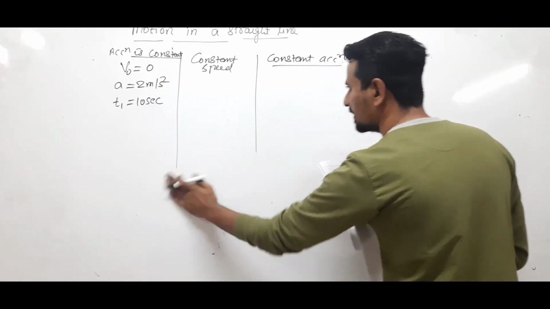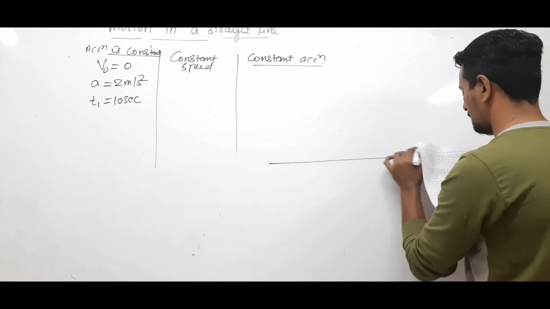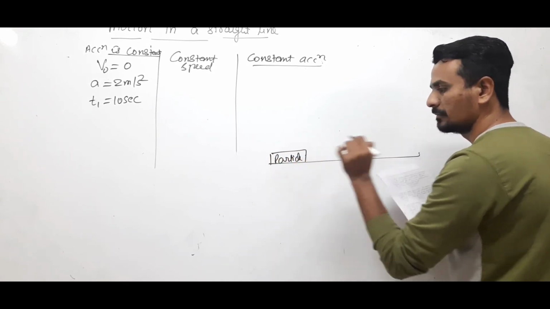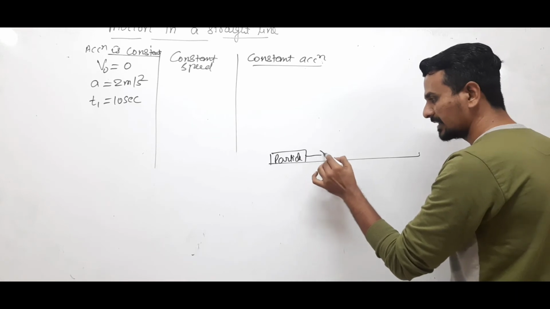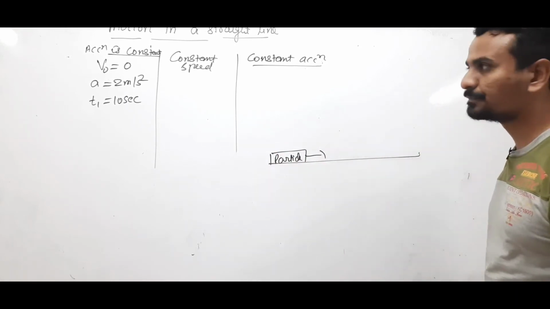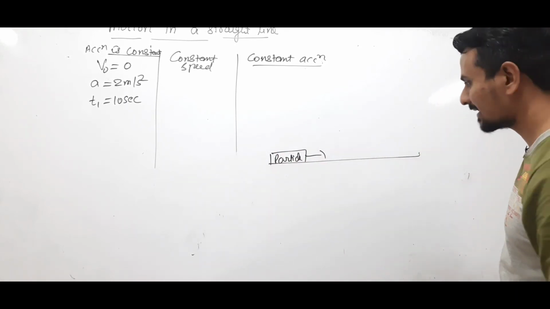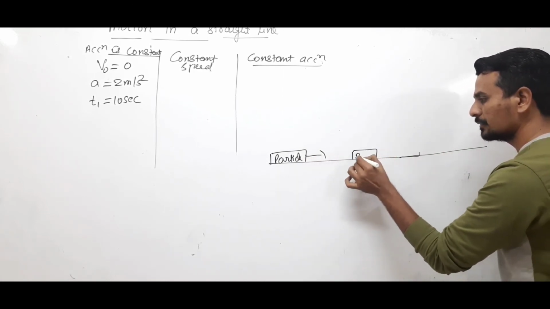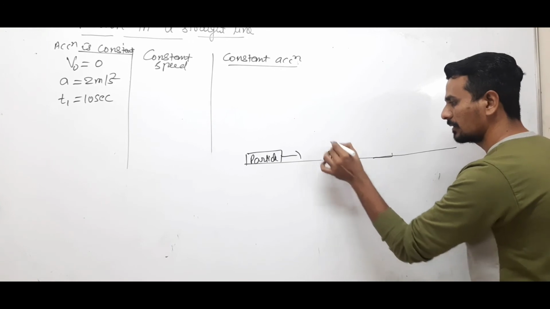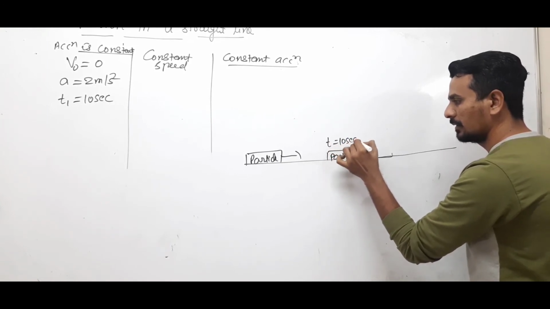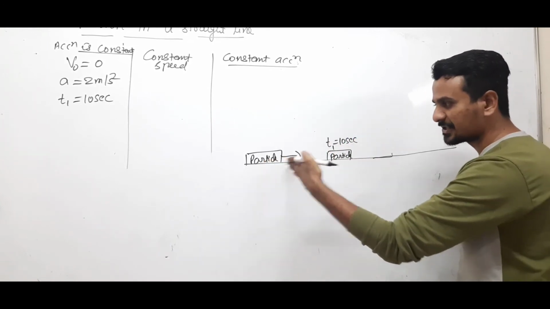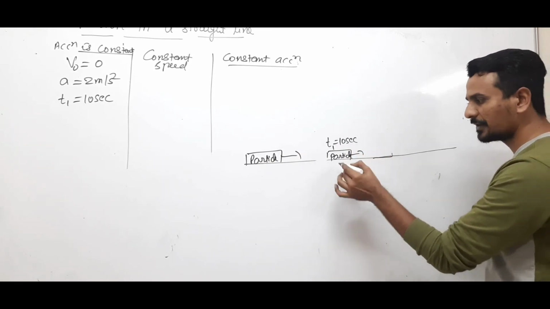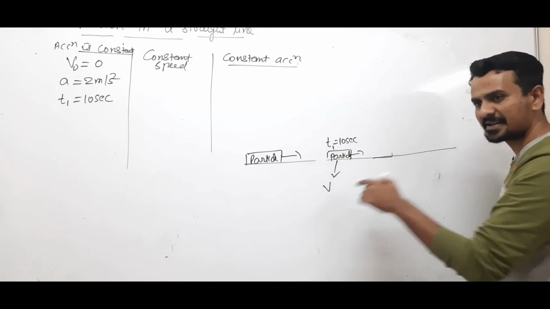That means in the question, the particle's velocity first increases uniformly up till 10 seconds. Then it will move with constant velocity, whatever velocity the particle has acquired at 10 seconds.